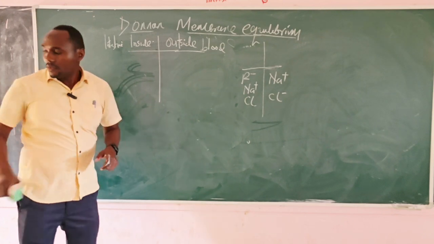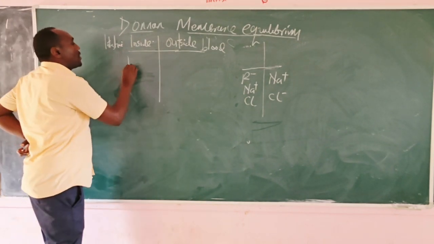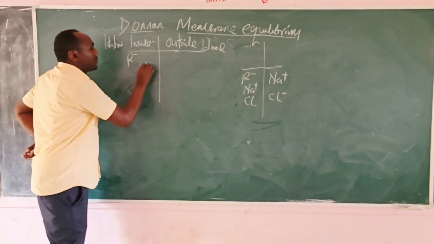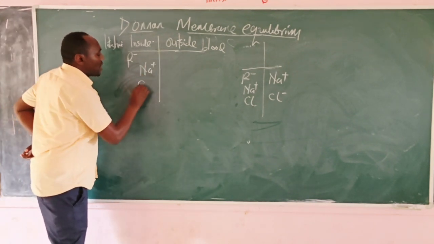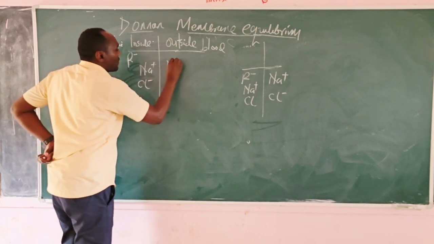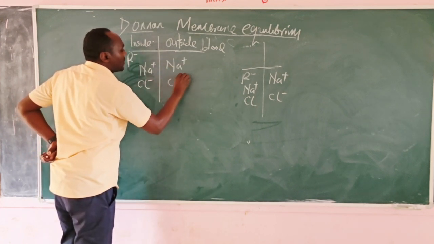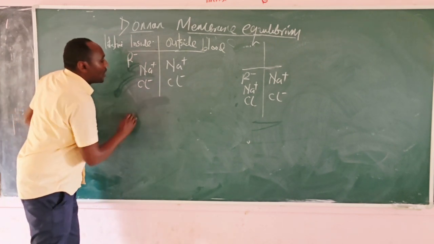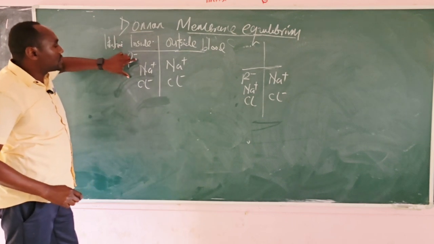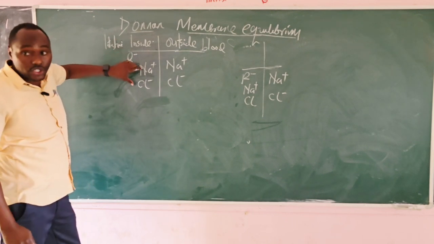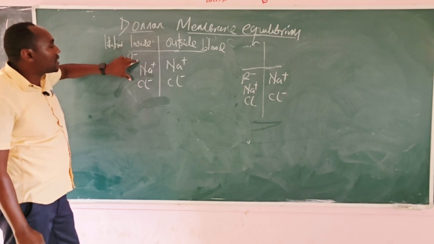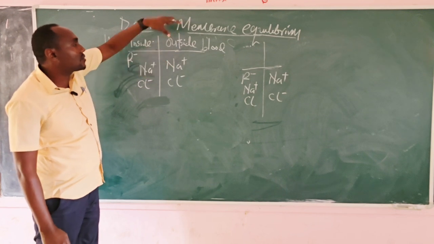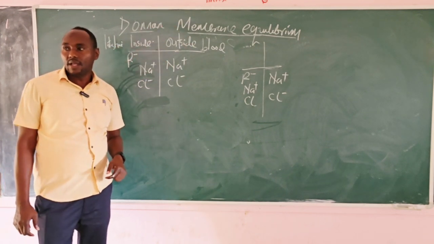Now, here we have our polymer. Here we have sodium and chloride ions. We also have sodium ions and chloride ions outside. It should balance each other. But now, the product of the concentrations of the diffusible ions inside should be equal to the product of the concentrations of the diffusible ions outside the membrane. Are you getting that?